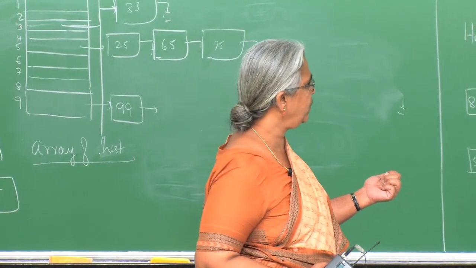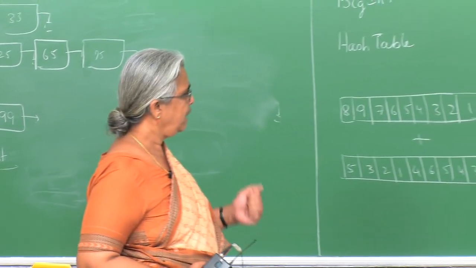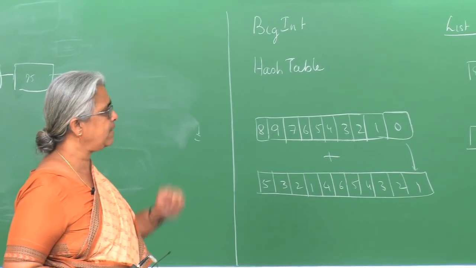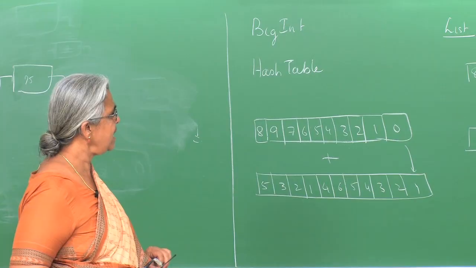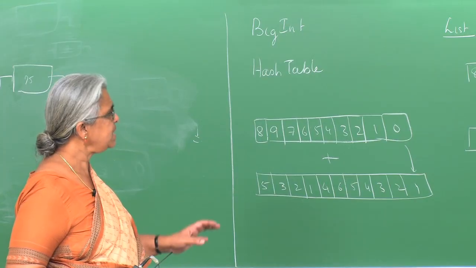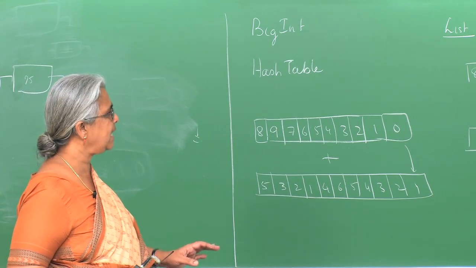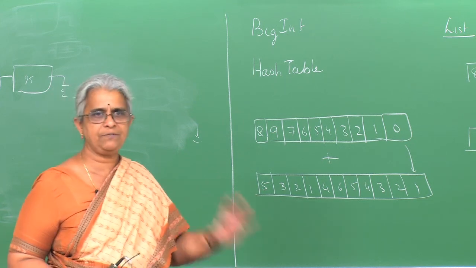So I hope now you are clear how you would solve the big int and the hash table problems using the ADT list. In the big int problem, we are using the list like we did for the stack from the list, where the list is used as a private variable, and operations on the list are performed such that it mimics the operations of a stack.